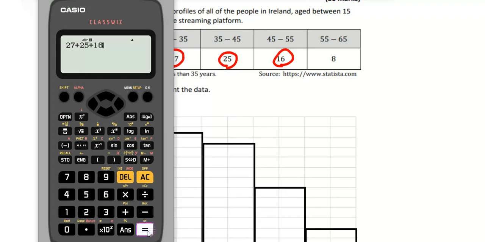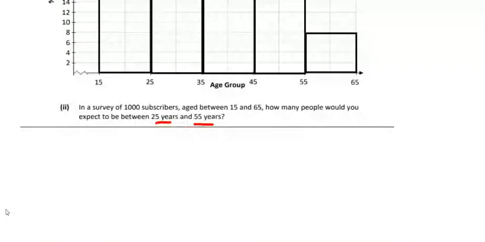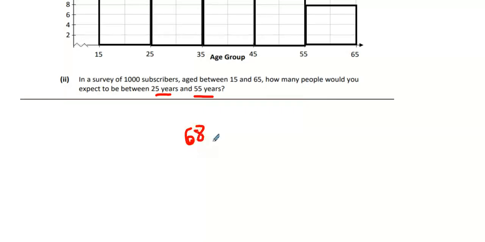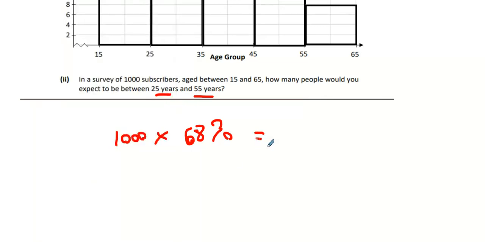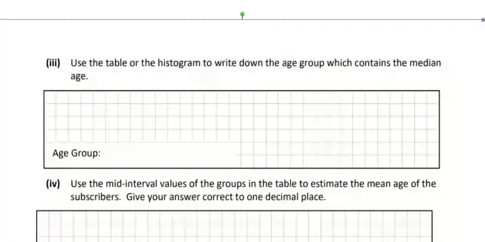That's basically 68% of the population. So 68% multiplied by 1,000. So you do your 1,000 and you multiply it with 68%. And you get your 680, or 680 people. Okay, happy days. Let's move on.